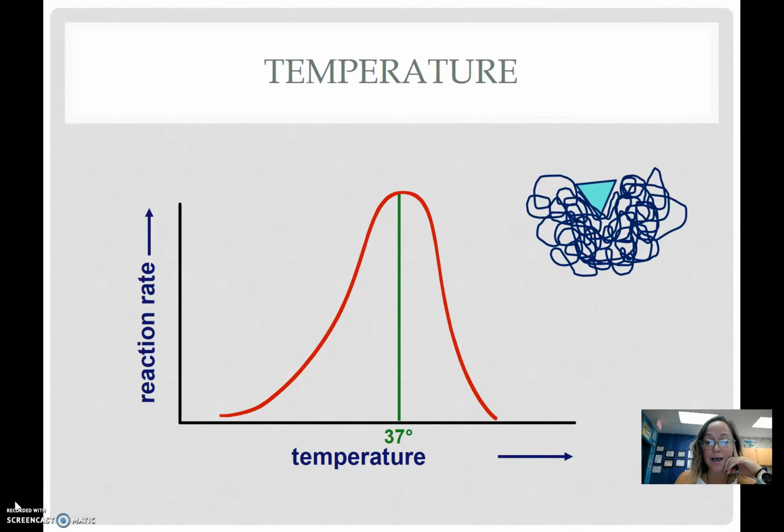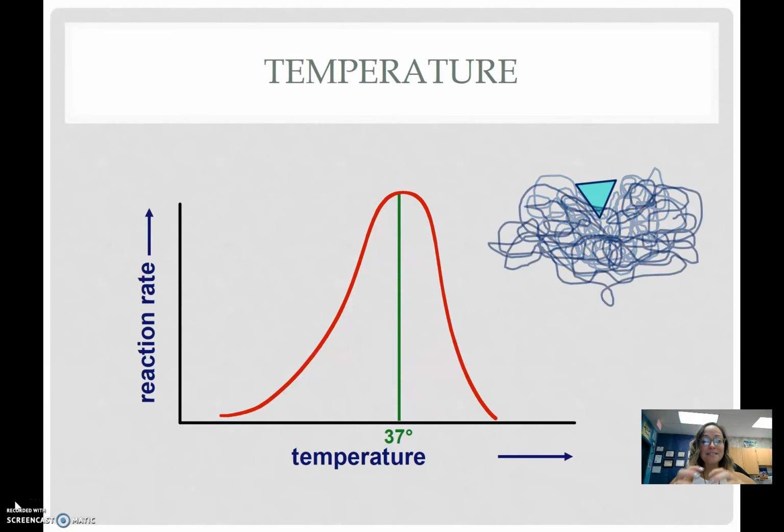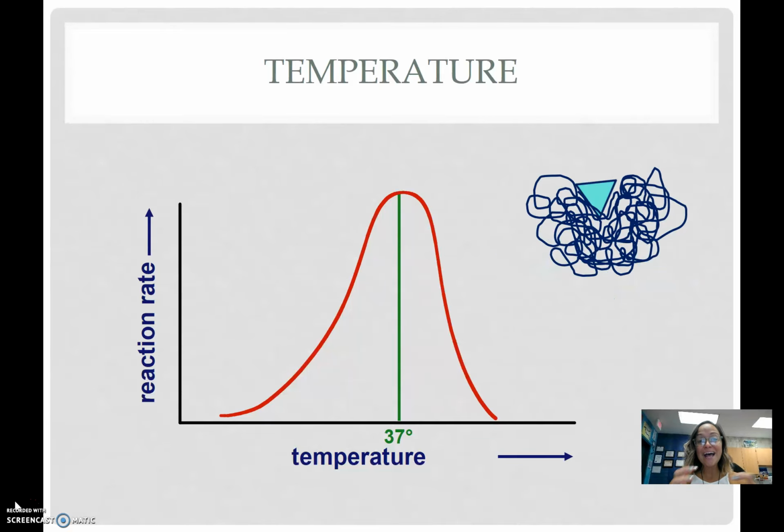As you heat up and increase the temperature, you increase the movement of the bonds, and so bonds begin to break. As the bonds begin to break because of the increased heat, the protein unfolds, and this is called denaturing. So as the temperature increased, this protein basically unravels, the bonds break, and you have what's called denature.